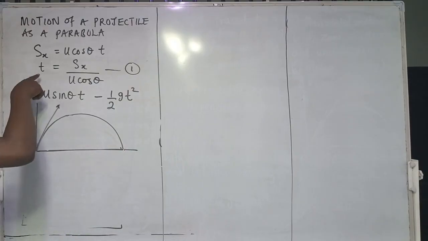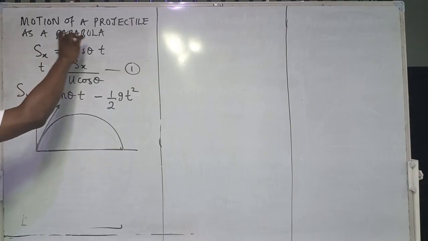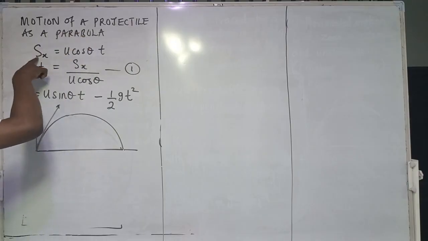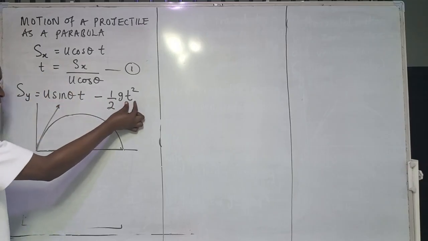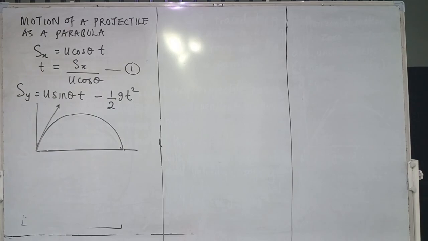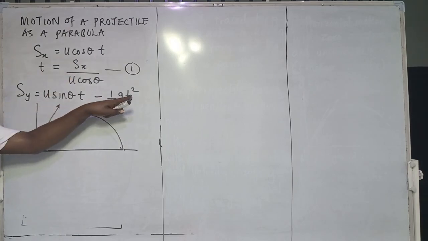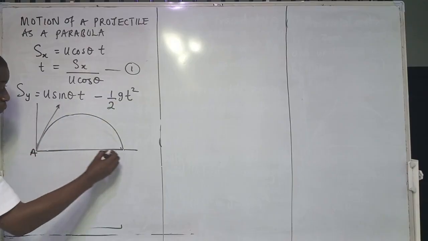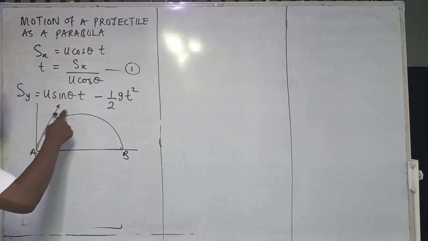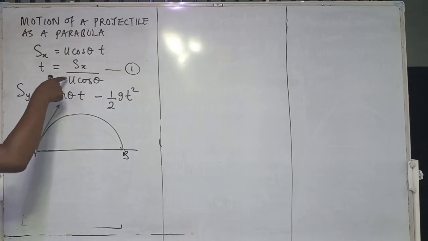So since the time for the horizontal displacement is equal to the time for the vertical displacement, I can substitute my time here. That's what I mean. If the time to go from A to B is the same time to go through this curve too, let me substitute this one here.